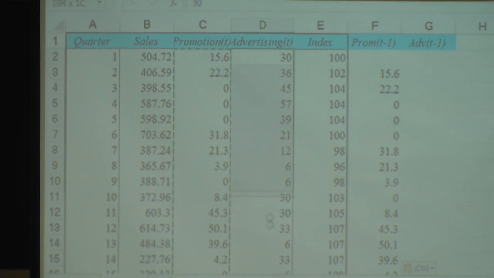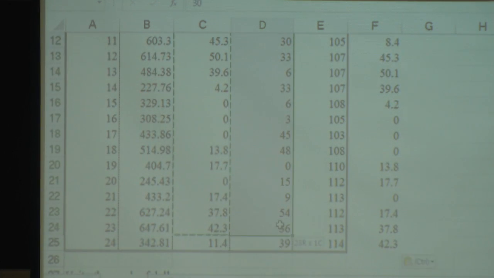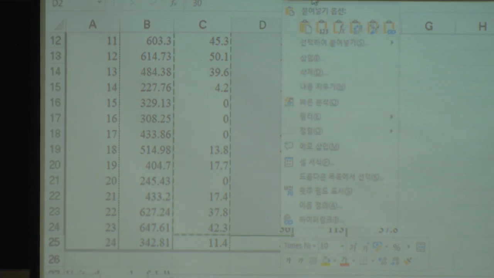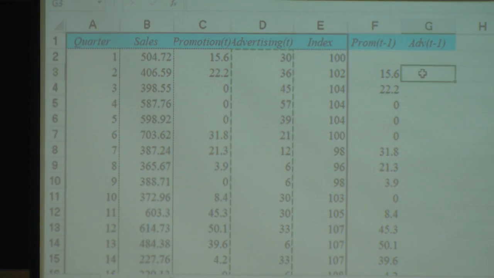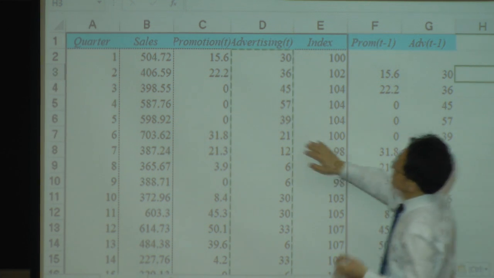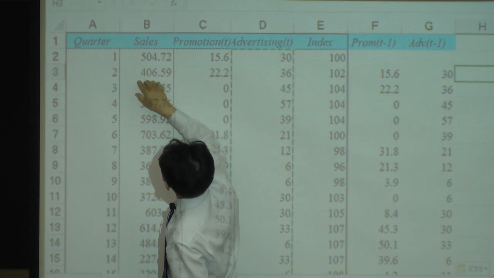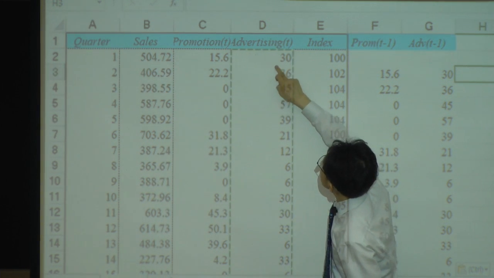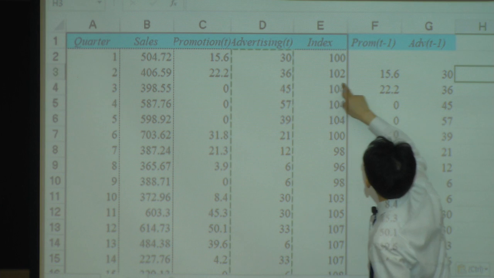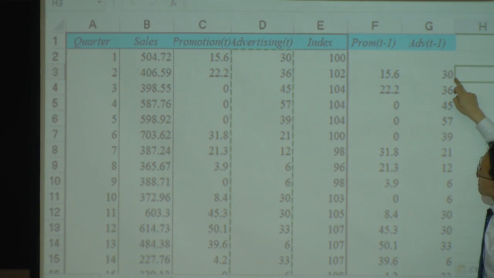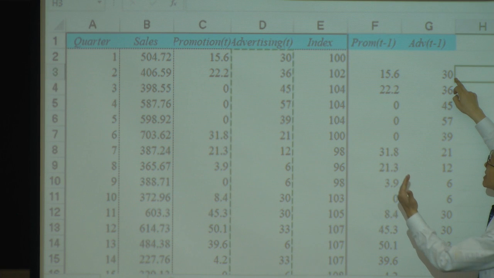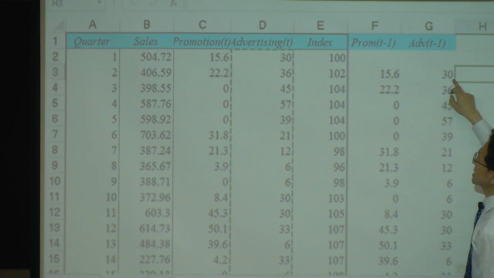So what I will do is I copy this and I paste that here. Then what it says is that my sales in quarter 2 will be affected by advertising quarter 2 and also advertising quarter 1, because I believe that the advertising has some long-term impact as well.